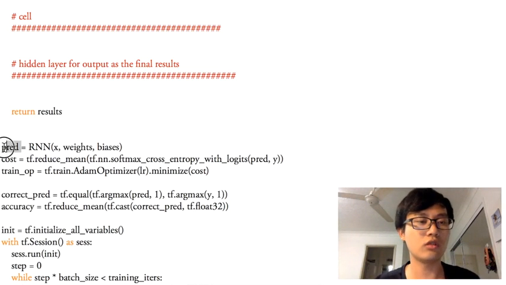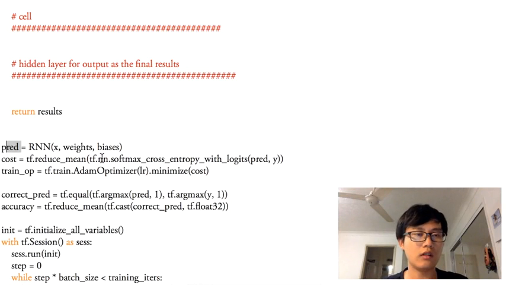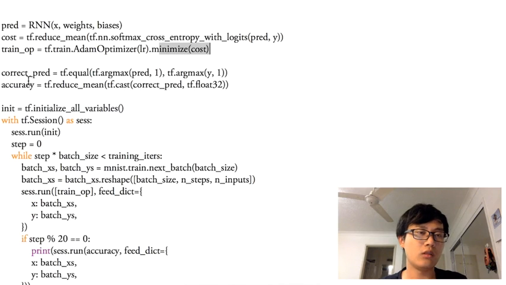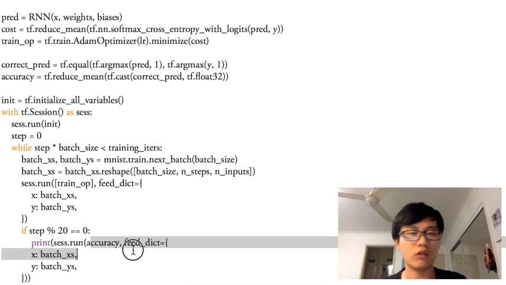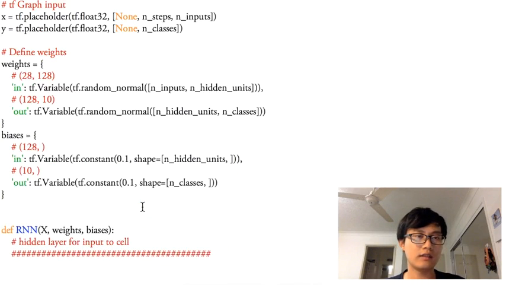So this is the prediction, and we finally use softmax to calculate the cost, or the cross entropy, of the predicted results against the real results, and use the Adam optimizer with a learning rate to minimize the cost. Finally, we can calculate the accuracy, and for every 20 steps we print out the accuracy of our result. So let's start to define.